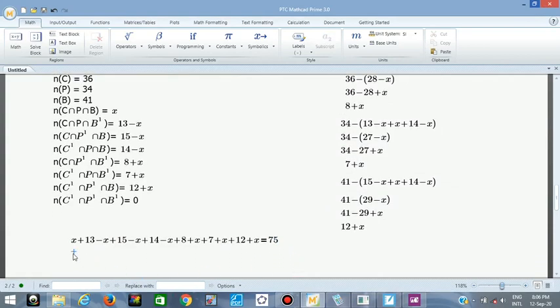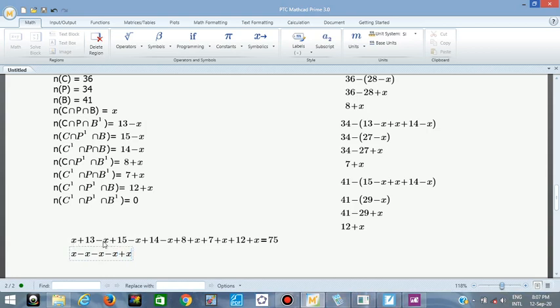So the next thing is, this is algebra. Now we need to check for x. Now x minus x is 0. Okay, let's just add all the x. Let me not waste time. Look at all the x. We have x minus x minus x minus x plus x. See what I'm doing?